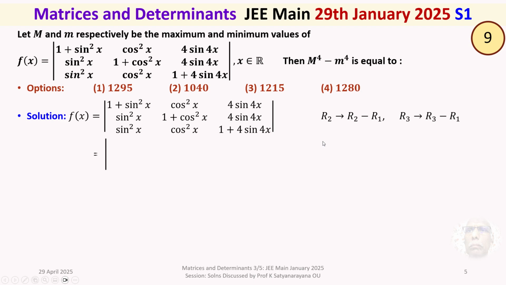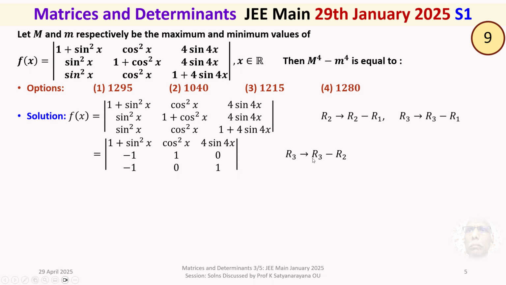Then f(x) is equal to, the first row will remain as it is. After doing R2 minus R1, we get minus 1, 1, 0. R3 minus R1 gives in the third row minus 1, 0, 1.